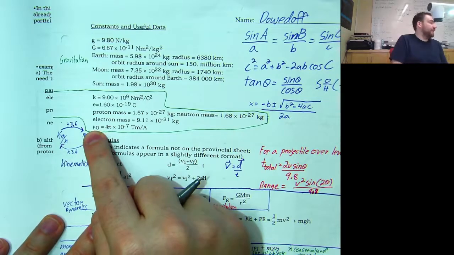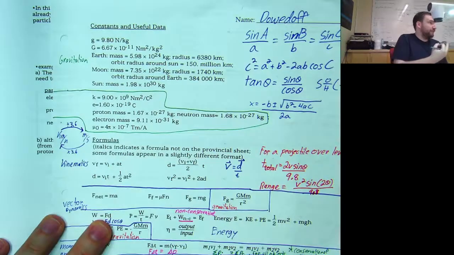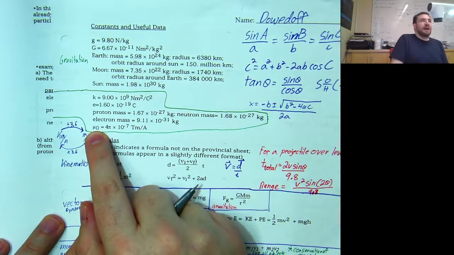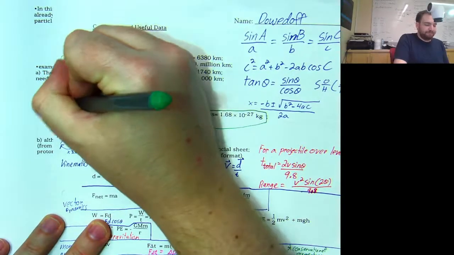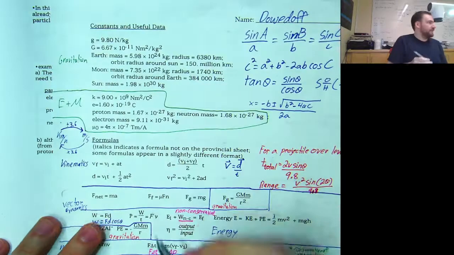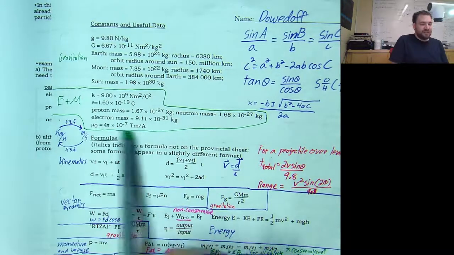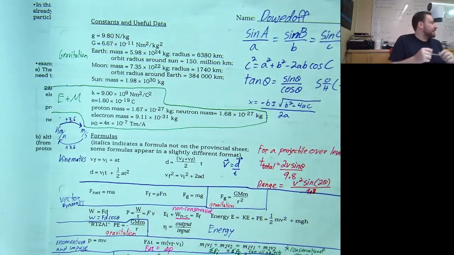Mu is going to mean something else; there are 3 things for mu. Sorry, not my fault. This is all E and M, which stands for electricity and magnetism. So if you're looking for a constant related to electricity and magnetism, this section of your formula sheet, your data chart, is where things are going to be useful.